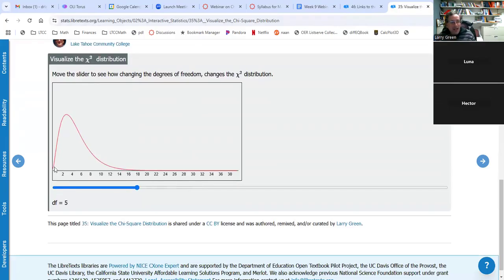And this is what the chi-square distribution looks like. It turns out there's degrees of freedom. For this example, you take how many different answers there could be. In this case, we had 4 different possible answers. Subtract 1, that's 3. And that would be the degrees of freedom for our example.